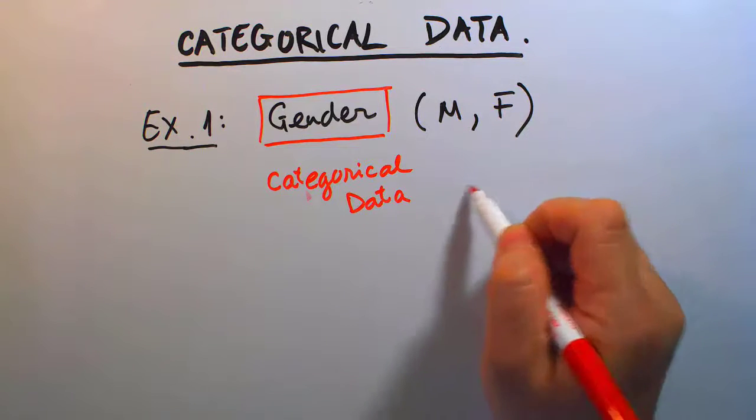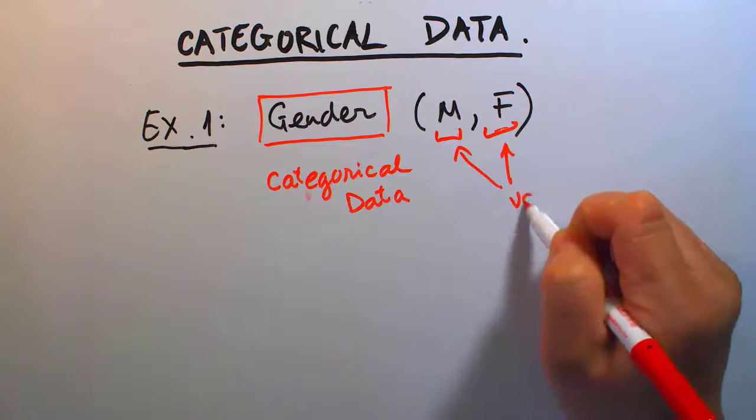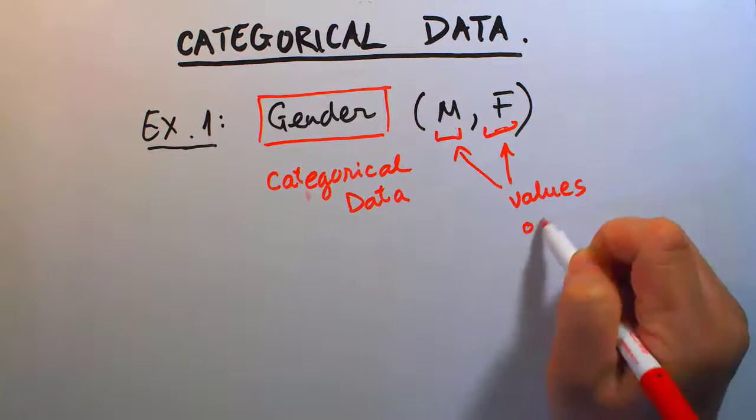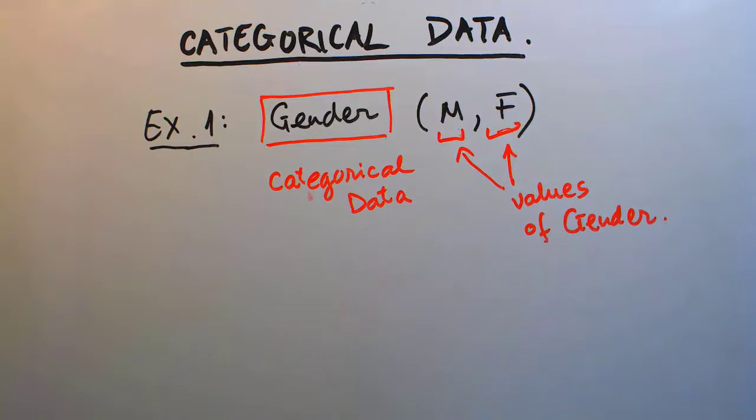So what about being male and female? Being male and female are the different values. We refer to these as values of the data gender. And that's how we understand categorical data. But why exactly do we call that categorical data?